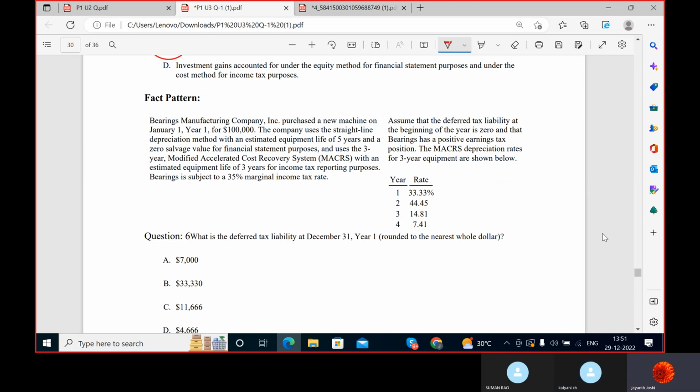So you have to find out the DTL and I am expecting an answer from you, or else I will solve it for you. Not a problem. Modified Accelerated Cost Recovery System, which is this method? This we discussed in tangible assets, MACRS. They'll give you the rates. Need not worry. These are the depreciation rates.